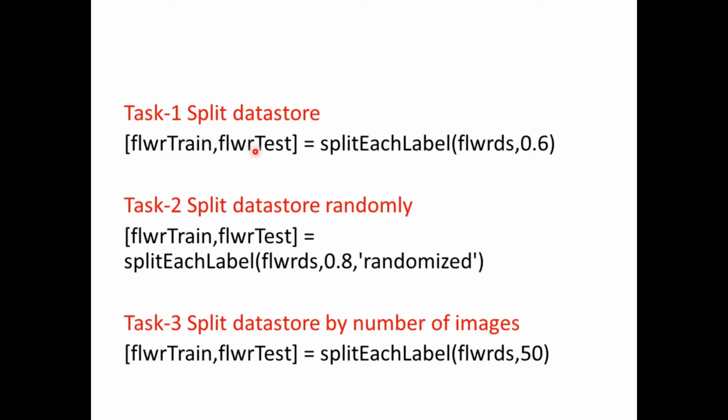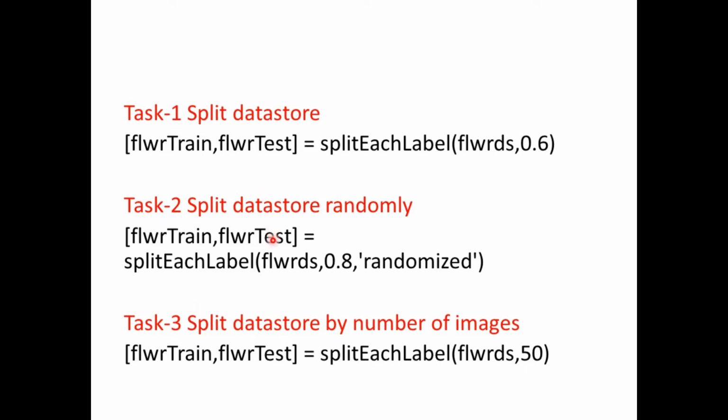Or if we want to do it randomly, then we use split each label on flowers as 80% for training and the remaining 20% for testing, and we mention a keyword called randomize, which will randomly pick the images from each label and assign 80% to train and the remaining 20% to the testing data set.